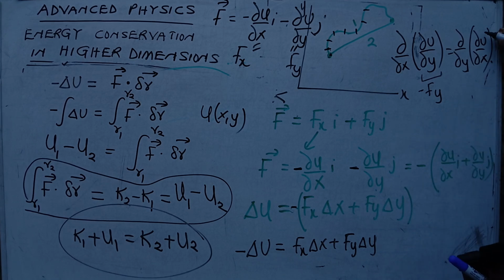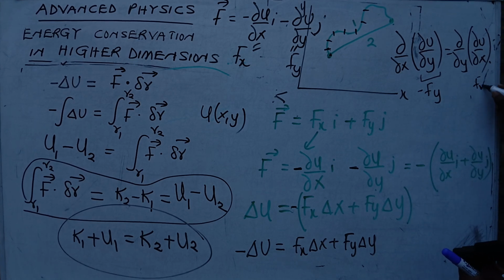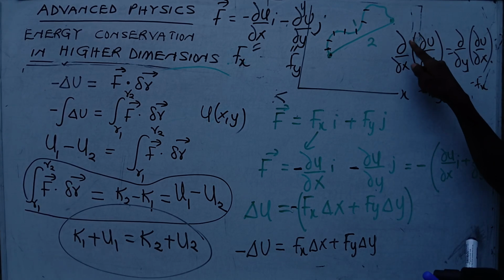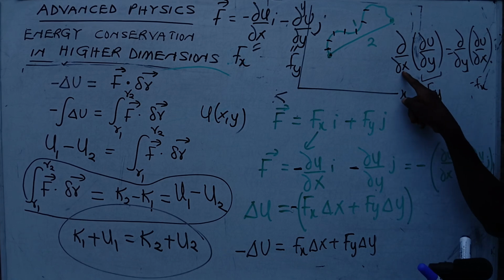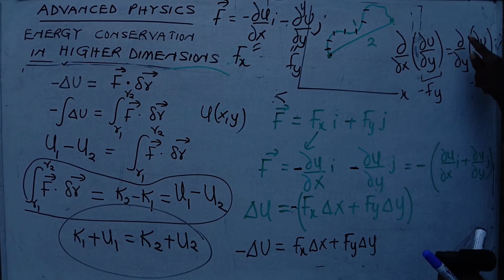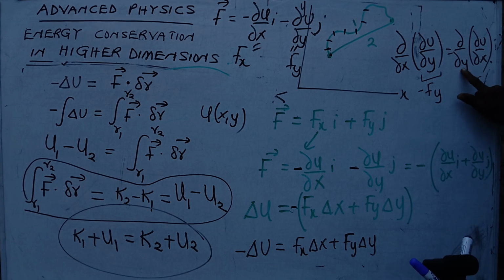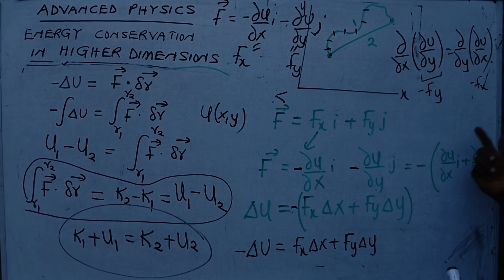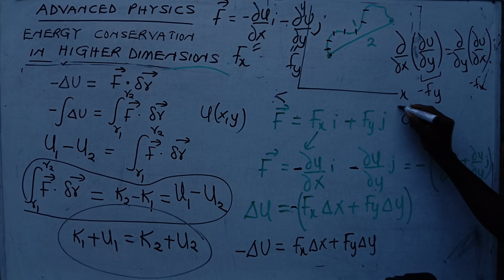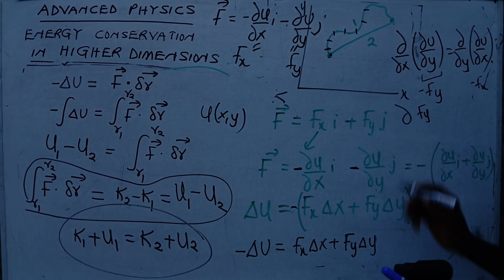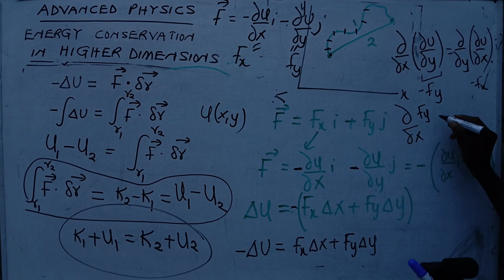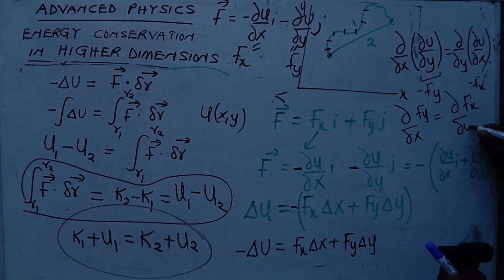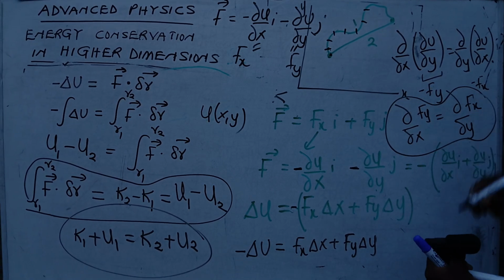The partial derivative of the height function with respect to x, we have defined that as Fx, negative by the way. So it turns out that the partial derivative of Fy with respect to x is equal to the partial derivative of Fx with respect to y. Now, because these are equal, the negatives cancel out. So eventually we are saying that the partial derivative of the y component of the force with respect to x is equal to the partial derivative of the x component of the force with respect to y. That is a test for a conservative force.